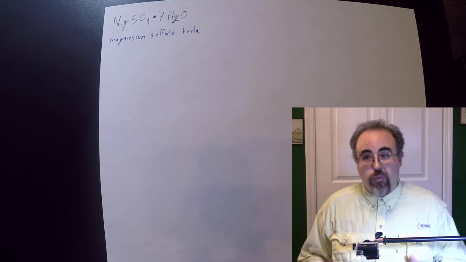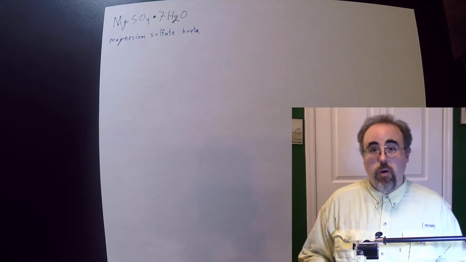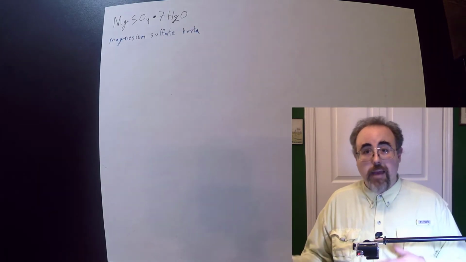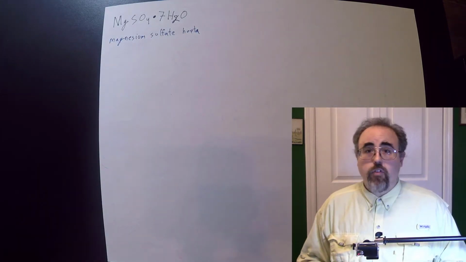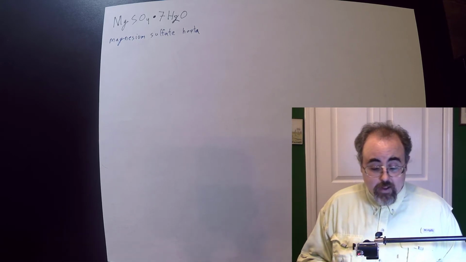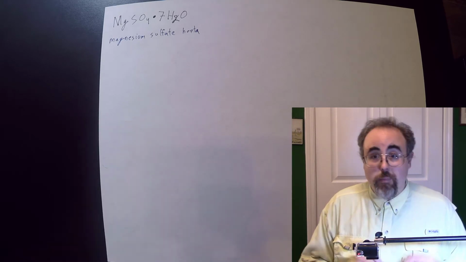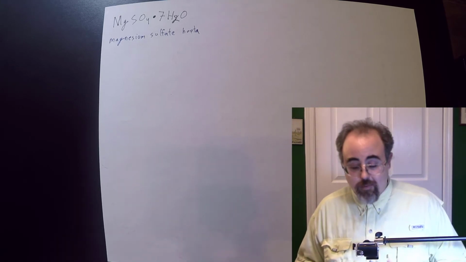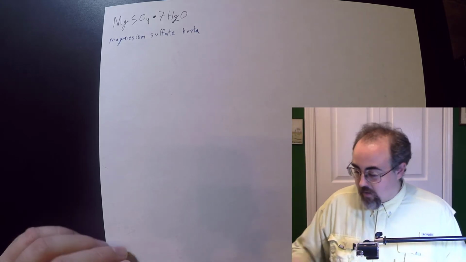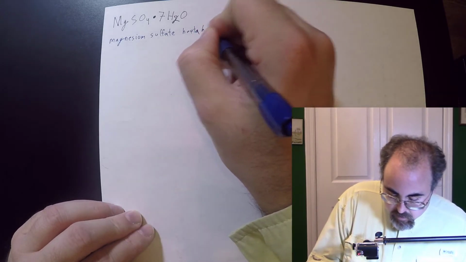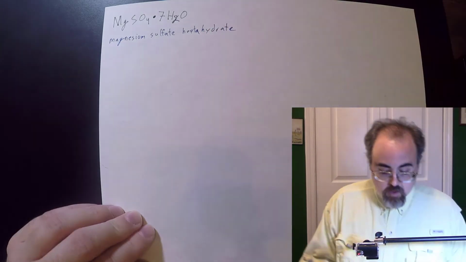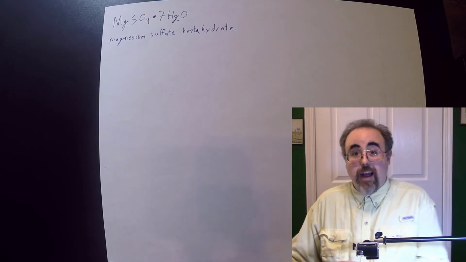Obviously, certain salts will co-crystallize with certain numbers of water per what we call a formula unit. This would become the formula unit. It's kind of the repeating pattern within the lattice. That's called the unit cell, which I'm not going to get into. But this is kind of repeating, this is your whole number ratio. Okay, I'm going to call that heptahydrate. Okay, so magnesium sulfate heptahydrate.